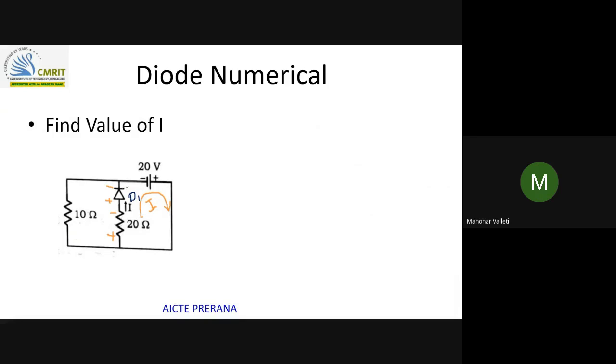This cathode is connected to minus 20 volts, right? Obviously, diode D1 will be forward biased. Once it is forward biased, replace it with the short circuit.